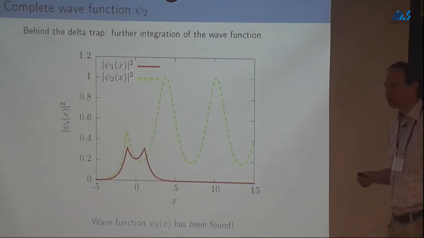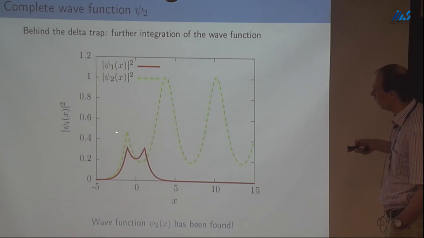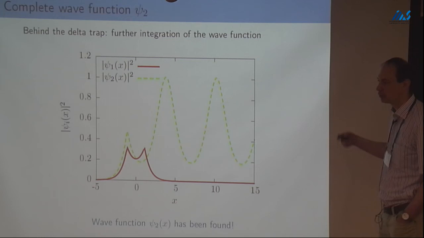Then it's just implementing the effect of the delta potential on the wave function. So we have this discontinuity in the first derivative, and then it's just an integration of this wave function to the right, which can be done with an ordinary differential integrator because everything is one-dimensional. That's very simple.